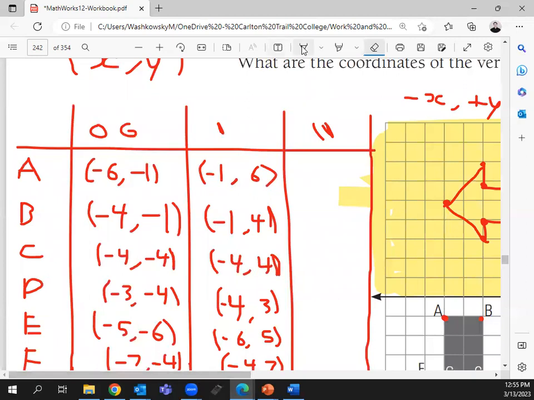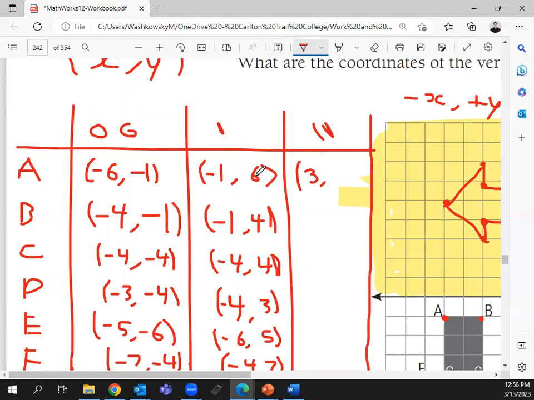So if I'm going 4 to the right and 3 down, first off, if I go 4 to the right, what happens to -1? What's its new home? What happens to A prime? Turns to positive, right? It's -1 plus 4 that's really happening here. -1 plus 4, I'm going to end up with a +3.